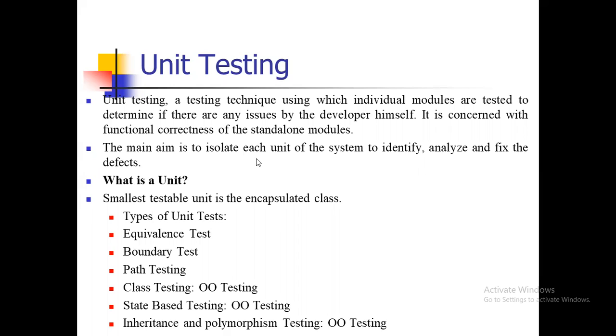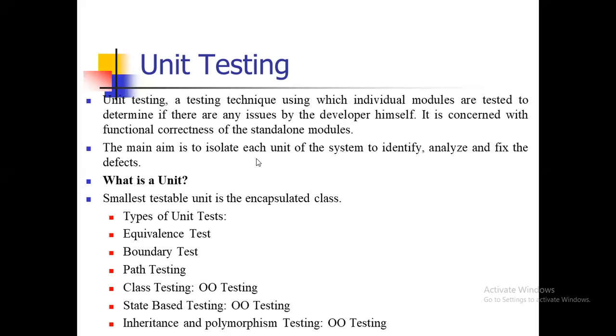And the next one is inheritance and polymorphism testing. Whenever we are applying the path testing technique to an operation that uses polymorphism, all dynamic bindings are to be considered. Each subclass requires retesting because a method in a subclass and the same method in the parent class may be implemented differently. That is polymorphism.